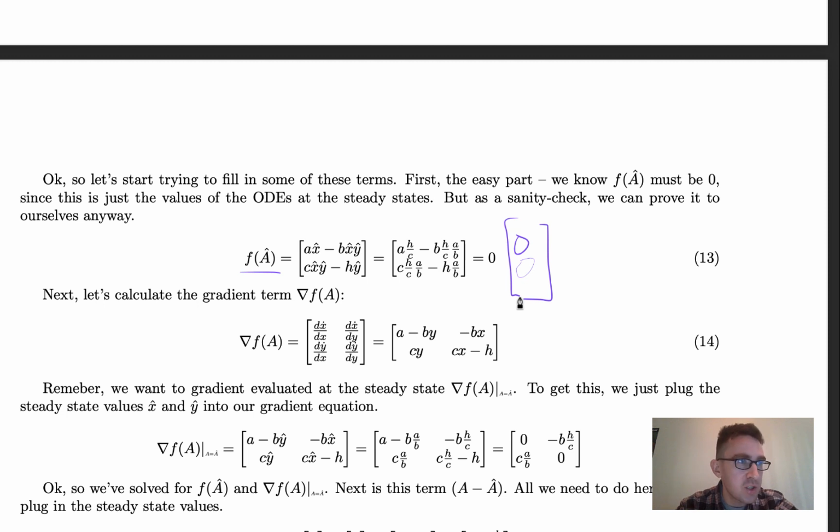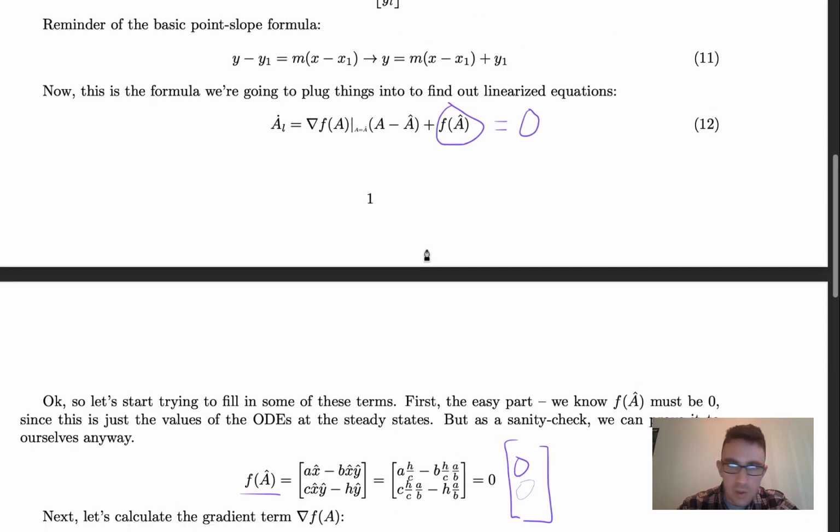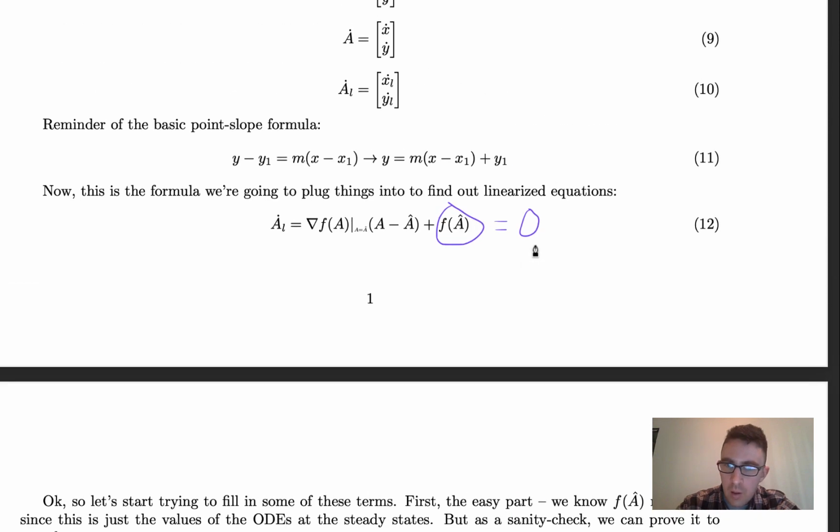Sorry about that, slight notation mistake. It's 0 as a matrix here. I'll change that before putting it on GitHub. So this is just 0. Whoops, it should be the same thing here. But you guys get the idea.